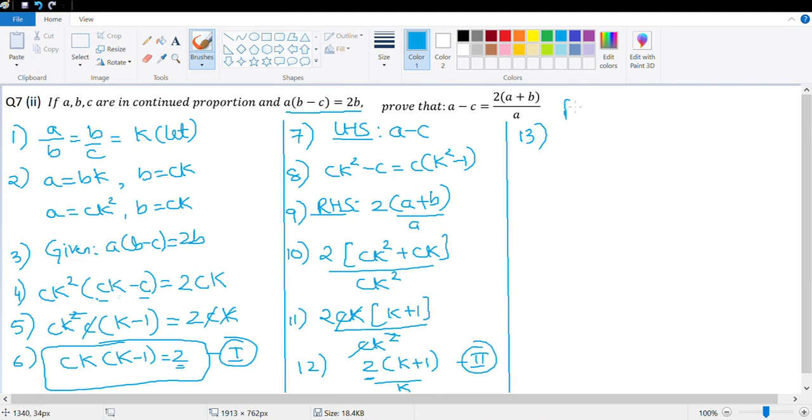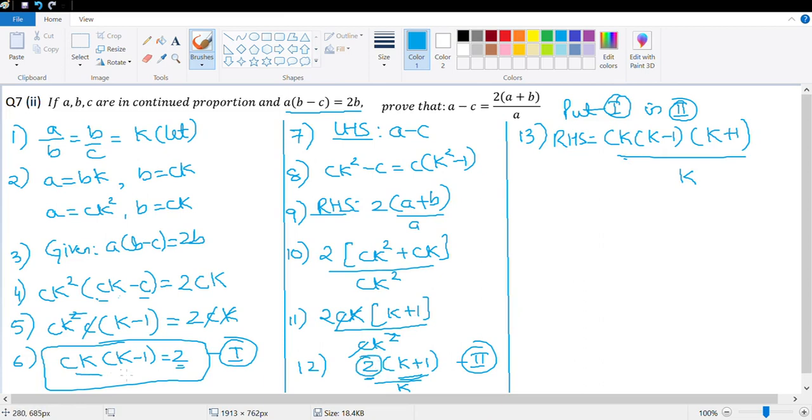So put 1 in 2 and what we get is right hand side is equal to, instead of 2, I will put CK times K minus 1, and this is K plus 1. And in the denominator, I have K. All I have done is I have just replaced the value of 2 as CK times K minus 1.